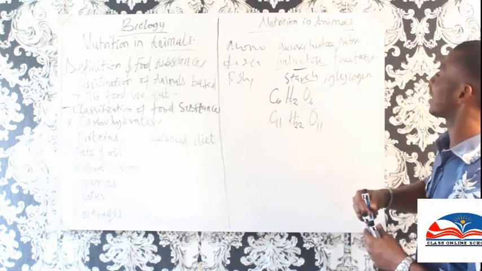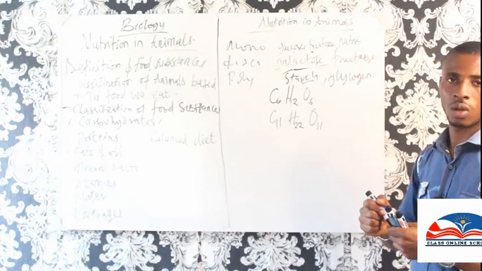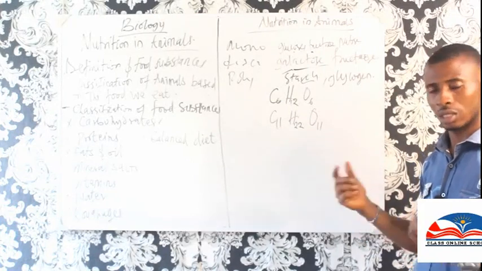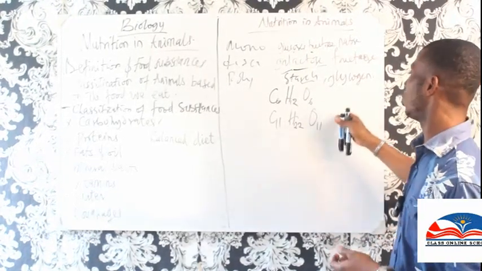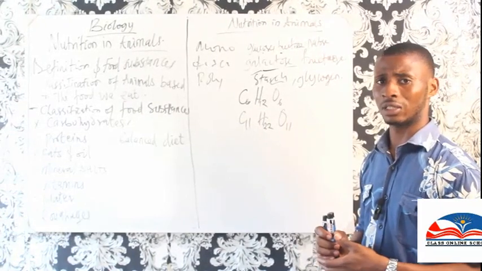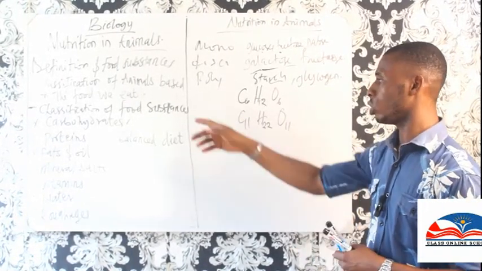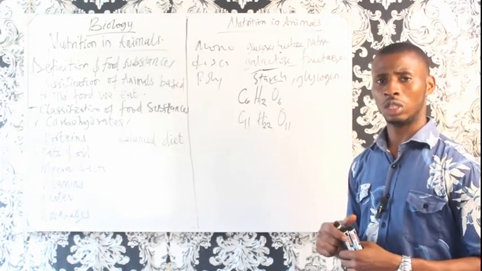This glycogen can still break down to galactose, and we still have fructose or glucose. So I think these are the only types of carbohydrates. Alright, we'll go straight to proteins and see what protein is all about.